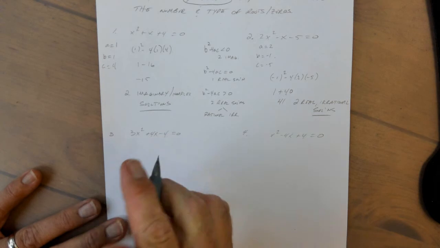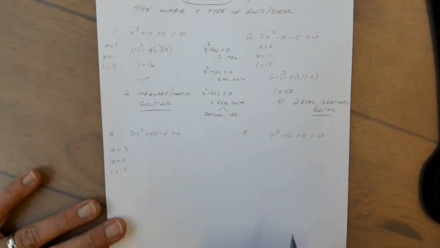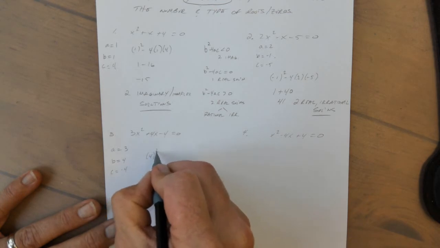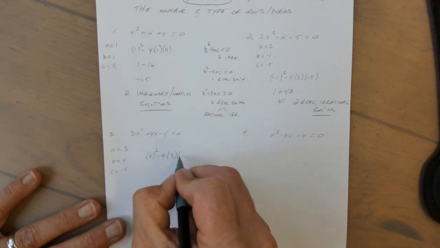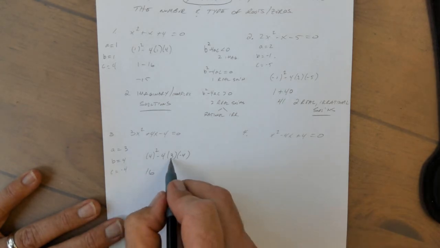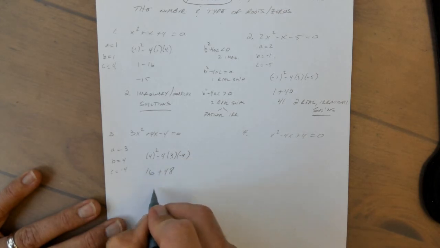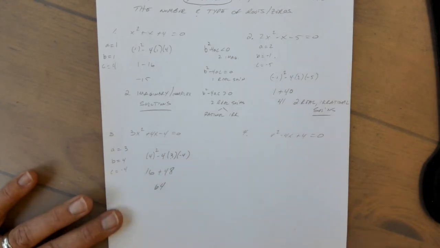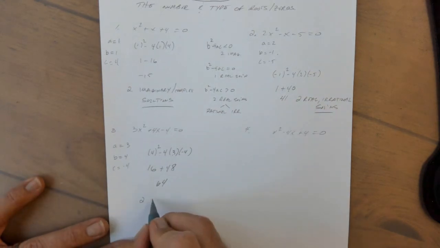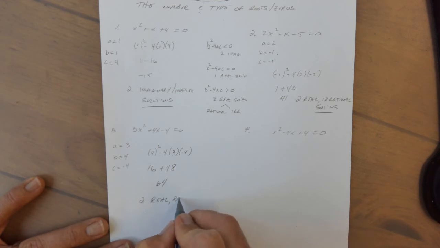Okay, down here to number 3, a is 3, b is 4, c is negative 4. So we have b squared minus 4 times a times c. So 16, 4 times 3 is 12, times 4 is 48, minus a minus, that becomes plus. So 64. Well, that's a positive number, so we know we have 2 real. And because 64 is a perfect square, we know they will also be rational.